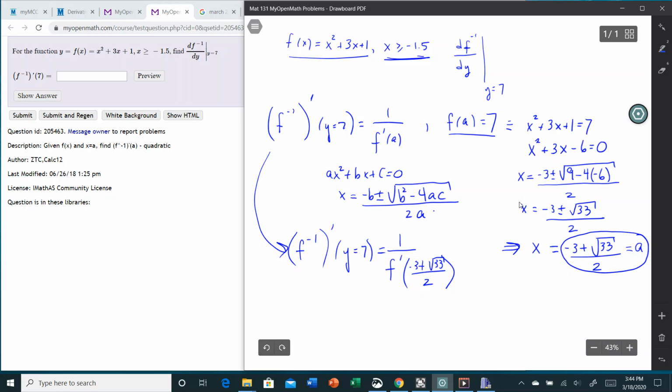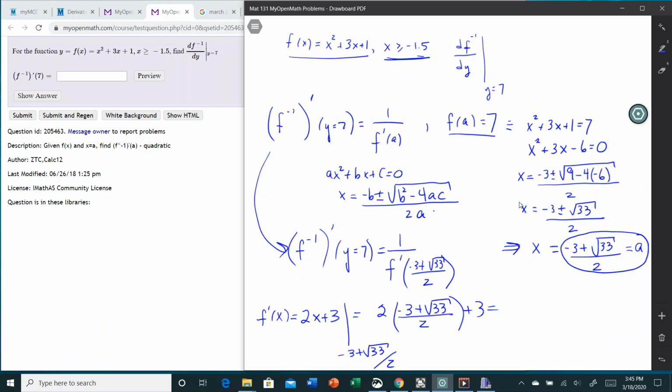And so what's that? Well, f prime of x is 2x plus 3. Evaluating that at negative 3 plus the square root of 33 over 2 gives 2 times negative 3 plus the square root of 33 over 2, plus 3, which is going to be the square root of 33, which is not a perfect square.